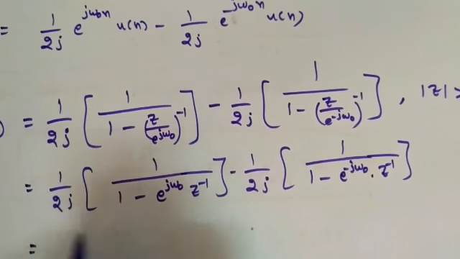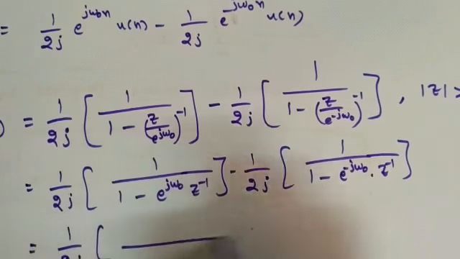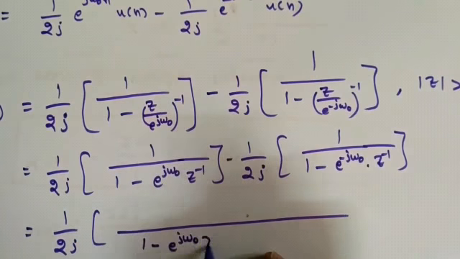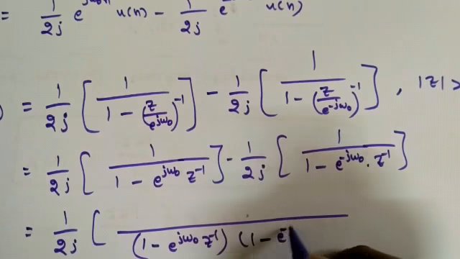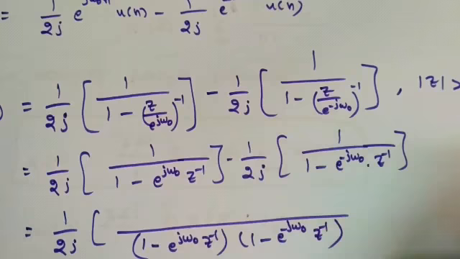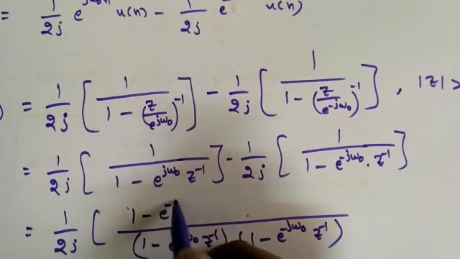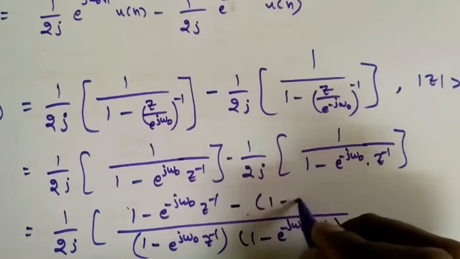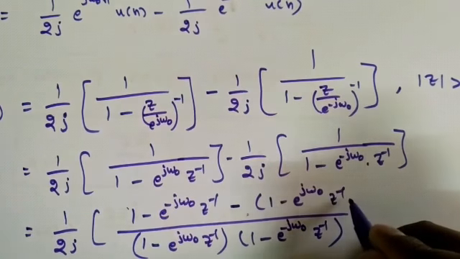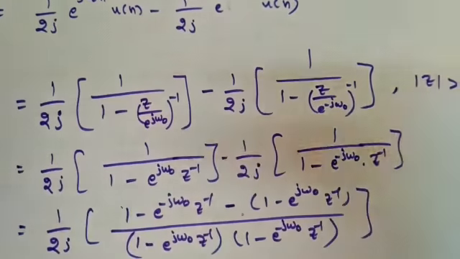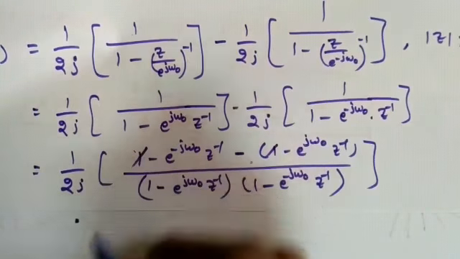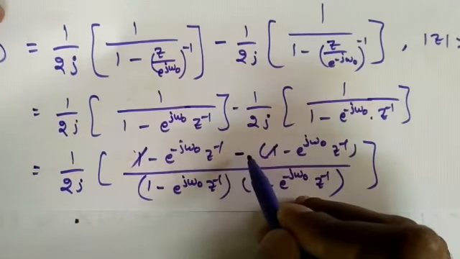Now what we need to do, if I take 1 by 2j common and take the LCM of these two, it will become 1 minus e power j omega naught z inverse into 1 minus e power minus j omega naught z inverse. Cross multiply. See here, the minus is the minus of 1 minus e power j omega naught z inverse. Now to simplify further, this 1 minus 1 will be cancelled.